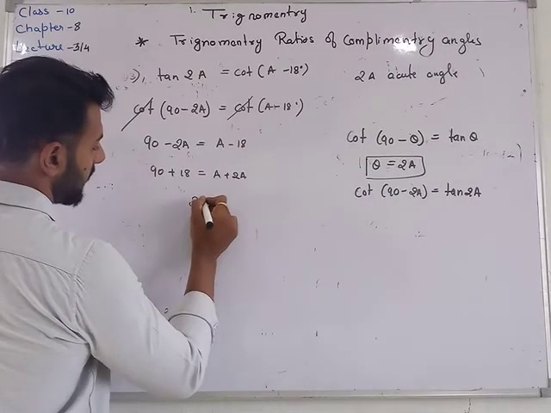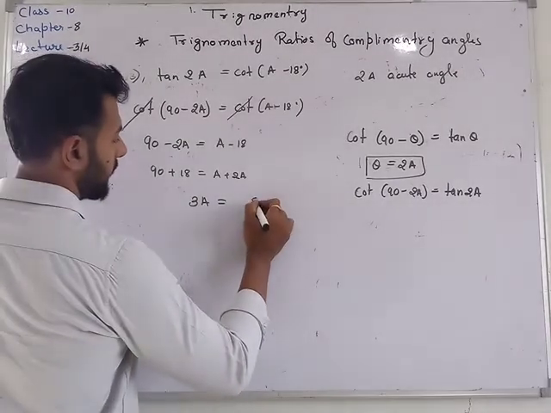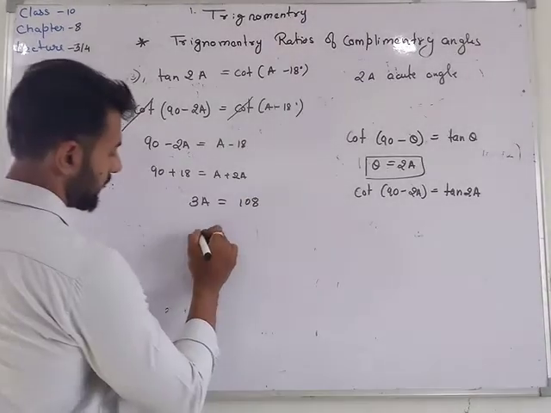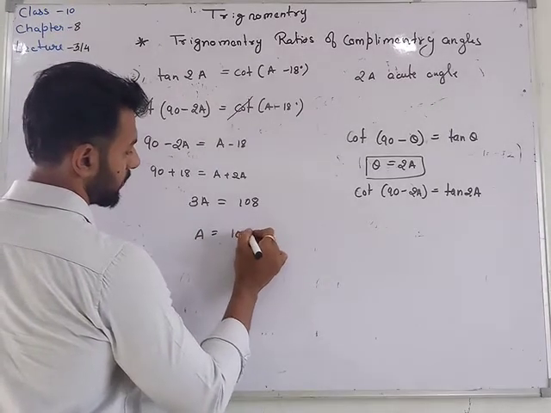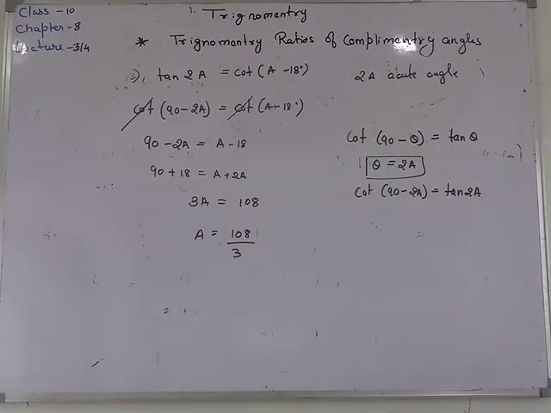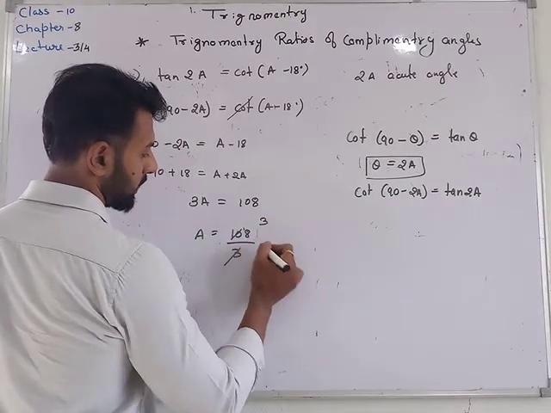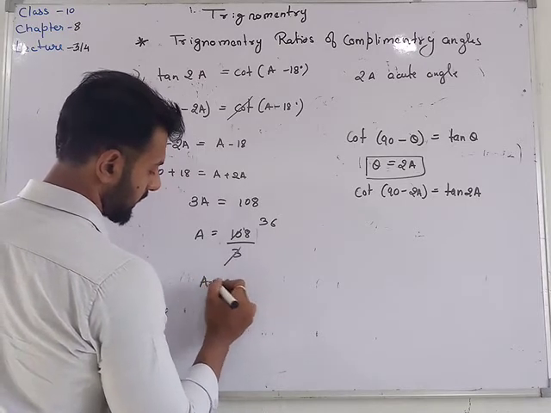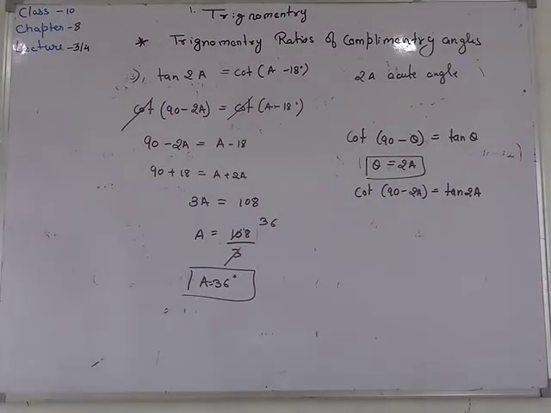So 3a is equal to 108, so a is equal to 108 upon 3. 3 threes are 9 and 3 sixes are 18. So a is equal to 36 degrees. This is the required solution.